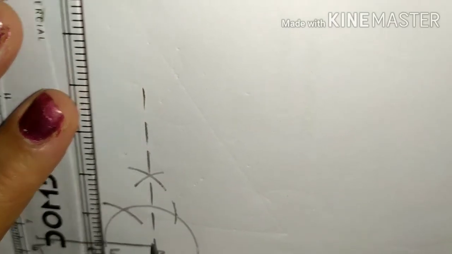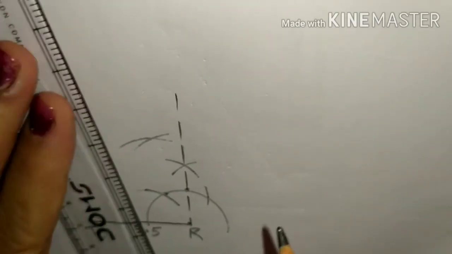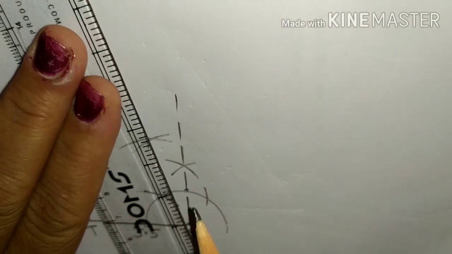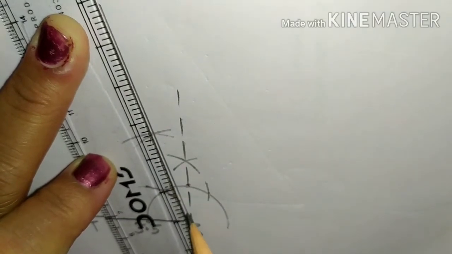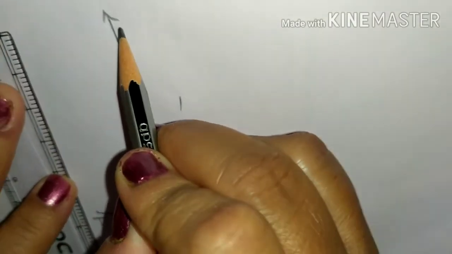Now from this point and this point, we will take the arc now further. So take the arc 1 and one from here 2. They will intersect each other. And where they will intersect, it will be the 75 degree angle. So let us join the line, extend it further and mark here point X.